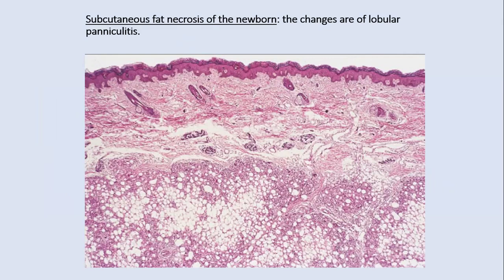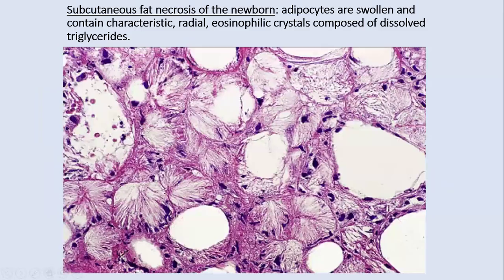Histologically, there is intense lobular panniculitis. You can see a dense inflammatory infiltrate in the lobules of subcutaneous fat, sparing the septa. Adipocytes are swollen, with characteristic radial eosinophilic crystals composed of dissolved triglycerides.